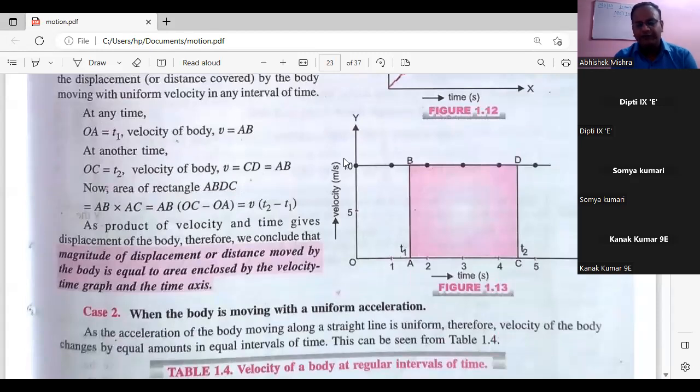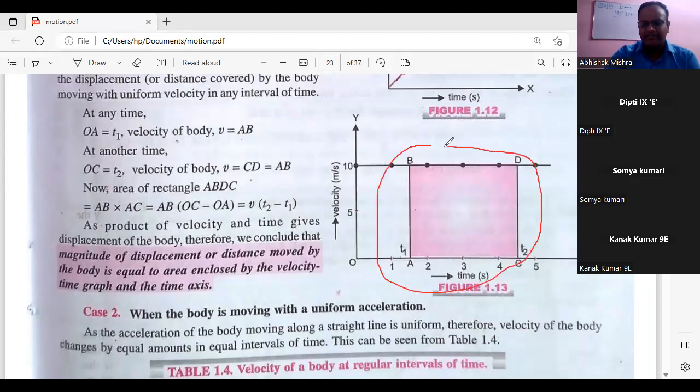So we plot a point on the x-axis, named A, and we join a straight line parallel to the x-axis, that is B. Again, we take a point at time t2 and join a straight line parallel to the x-axis at point D. Now the area of the rectangle ABCD is length into breadth, AB into AC.